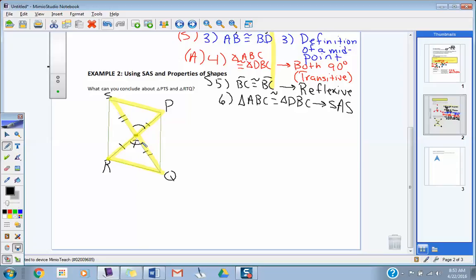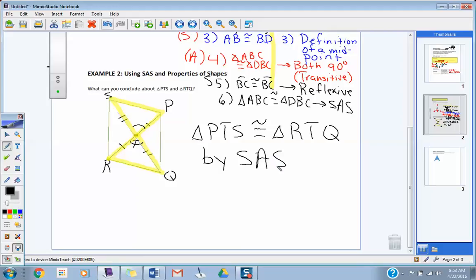So, what can you conclude about triangle PTS and triangle RTQ? You can say triangle PTS is congruent to triangle what? RTQ by which congruence theorem? SAS. That's all.